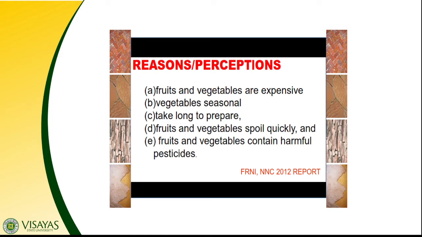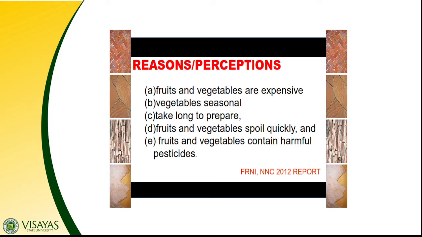And it's also true that it takes a longer time to prepare vegetables, unlike if we just eat in the fast foods, in McDo or Jollibee or Mang Inasal, where we just sit down there and order, and in a few minutes we can have our orders. Also, fruits and vegetables spoil quickly, and lastly, fruits and vegetables contain harmful pesticides.